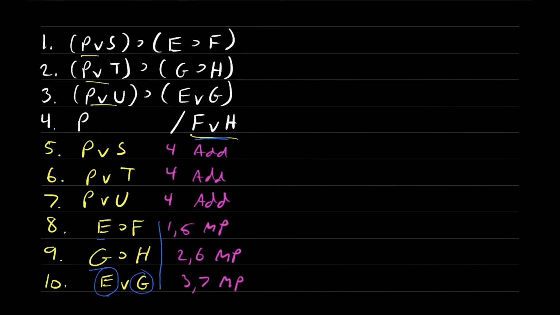All we have to do is set up a constructive dilemma step to be able to get that conclusion. In order to use constructive dilemma, those 2 conditionals have to be conjoined together on a single line. So we're going to need E implies F and G implies H. Those are those 2 conditionals on lines 8 and 9. So 8 and 9 by conjunction, CONJ.